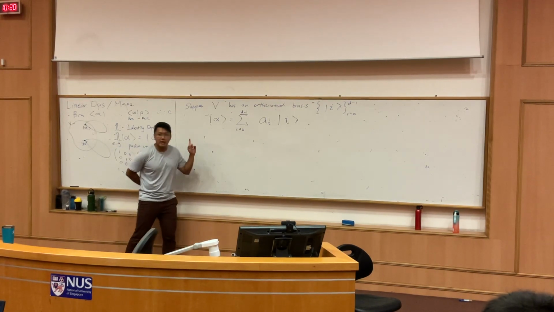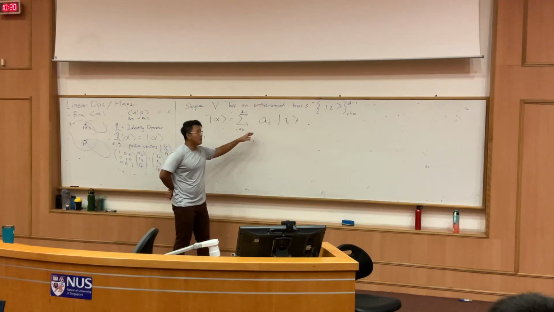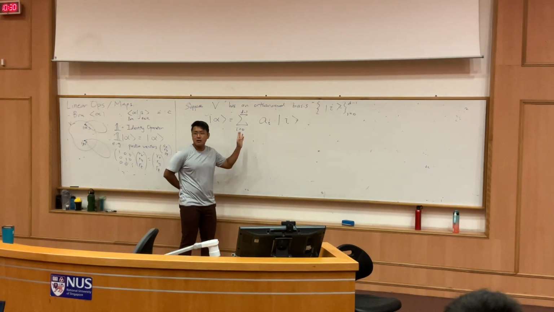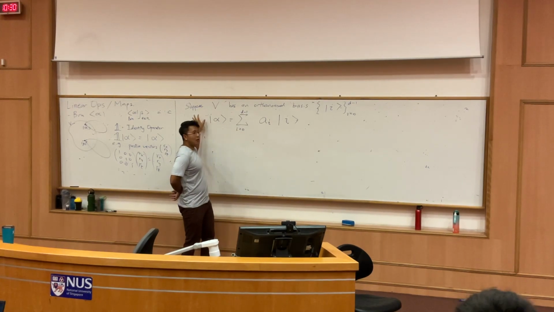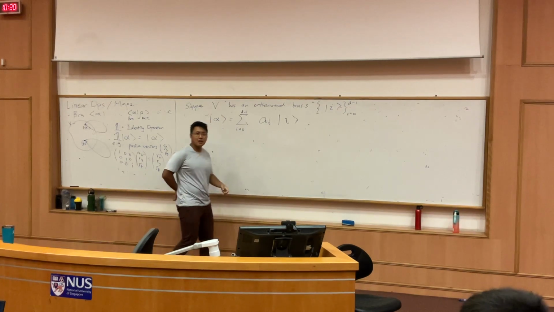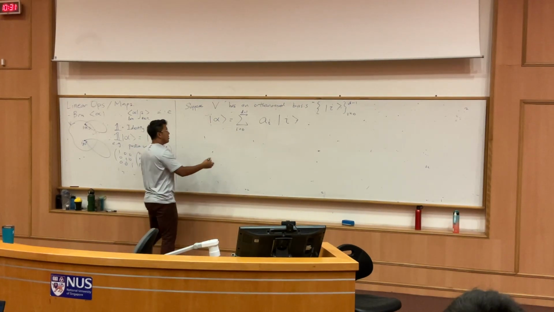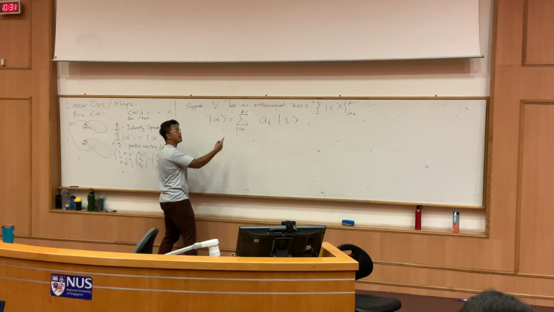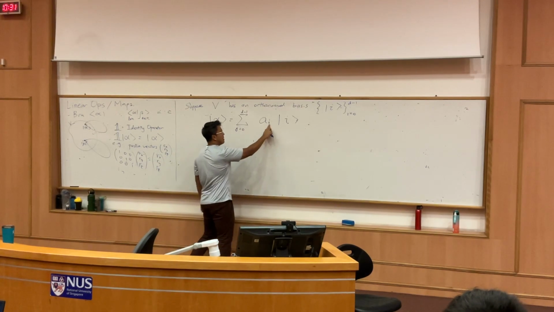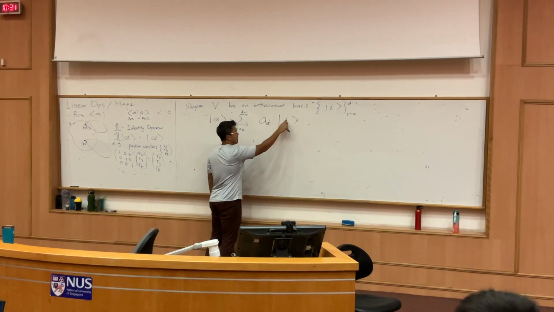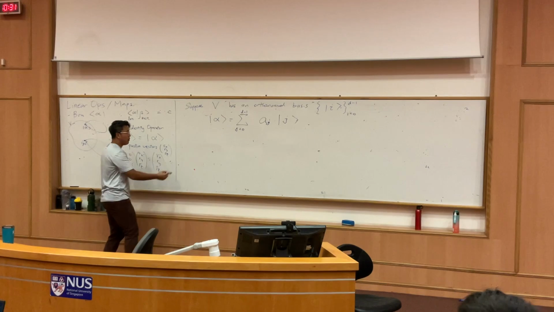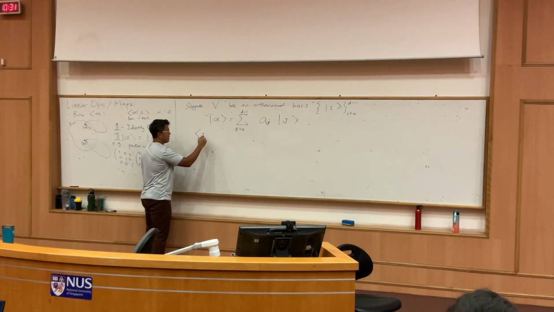Okay, but let's be careful here. This sum runs over this index i. So I should not put overlap with state i here because that's using the same notation. Okay? So if I want to be safe, let me relabel it to be j, which I can always do. That's just a change of what I mean by the counter. And let's take the overlap with state i.